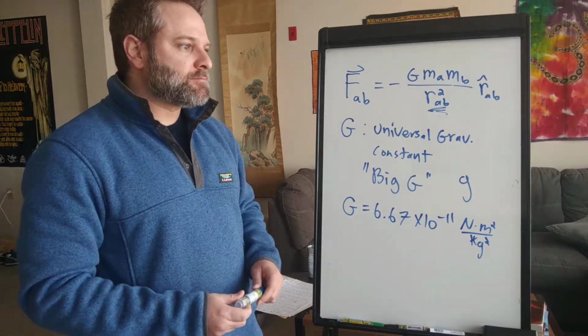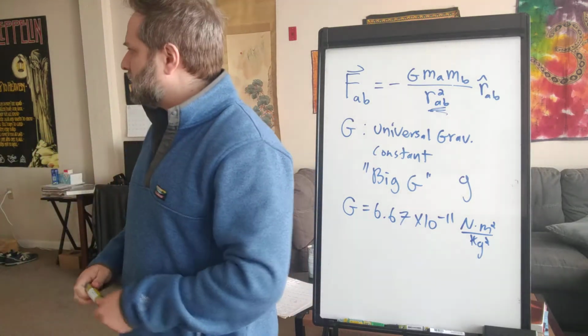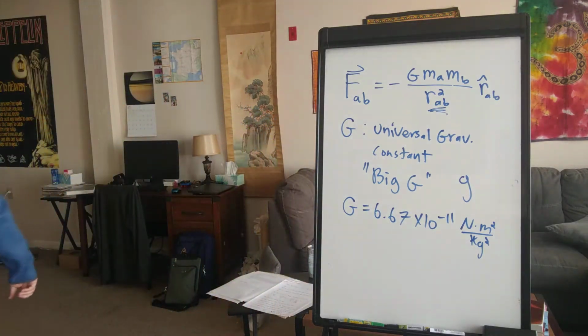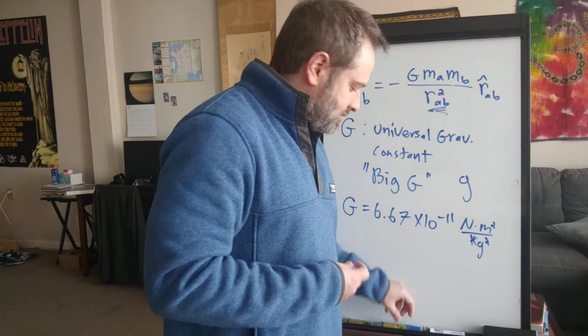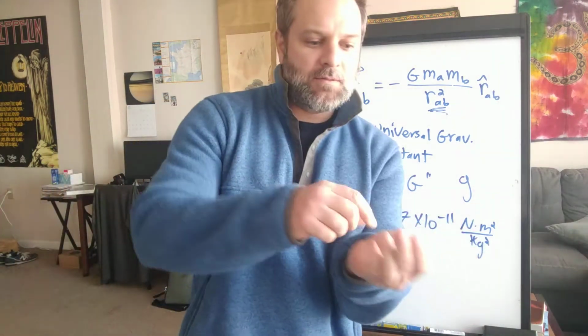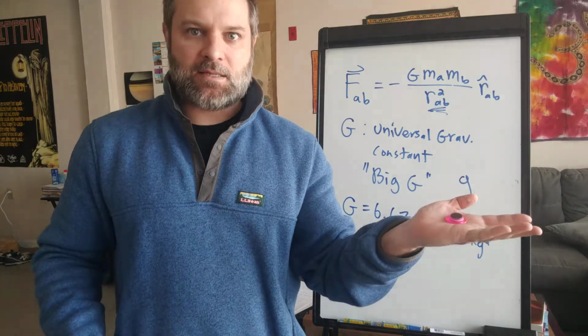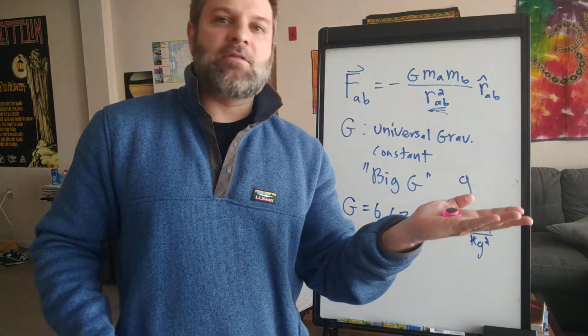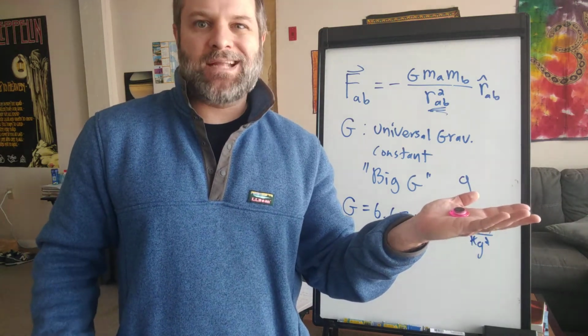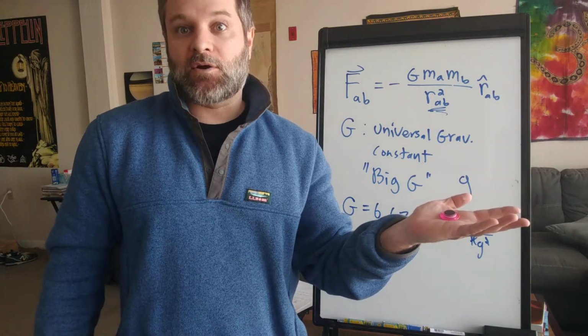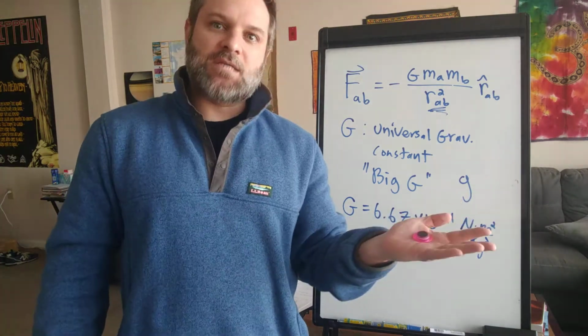Okay, so do I have a magnet? Yes, from my fridge. So if I've got this pink magnet in my hand, what's holding that magnet to my hand? Well, my hand's in the way, but really what's holding it there is the force of gravity of the entire Earth.